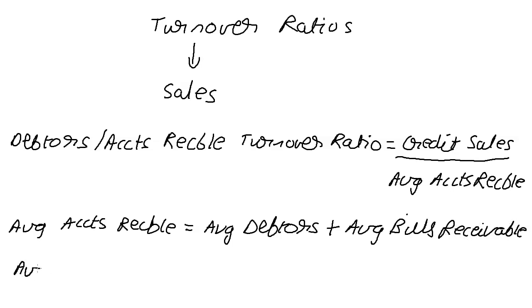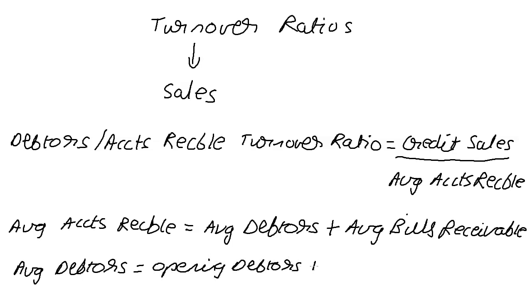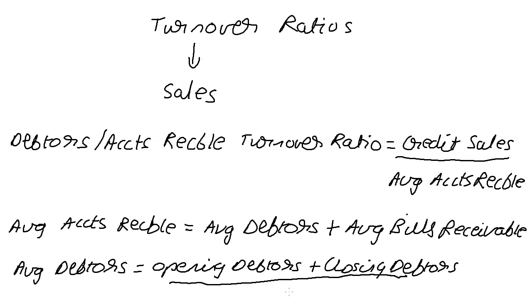and then average debtors is equal to opening debtors plus closing debtors upon 2. In the question, if they have not given you opening debtors, simply take closing debtors and similarly closing bills receivable if it is there, and then solve.